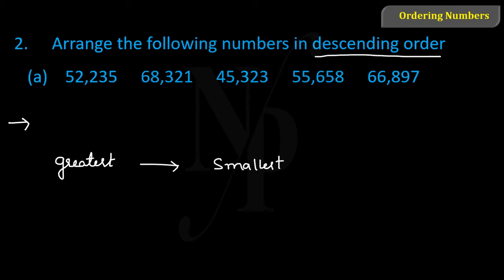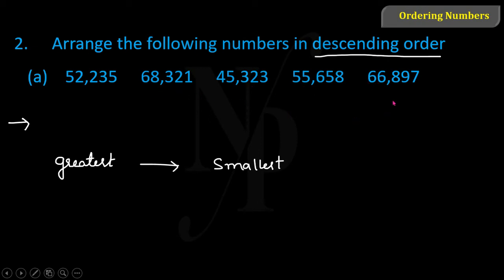So which is the greatest number among the given numbers here? When we look at the digits at highest place, here we have 5, here 6, 4, and here we have 5, and here we have 6. So we have 6 in the second and the last number in 10,000s place.